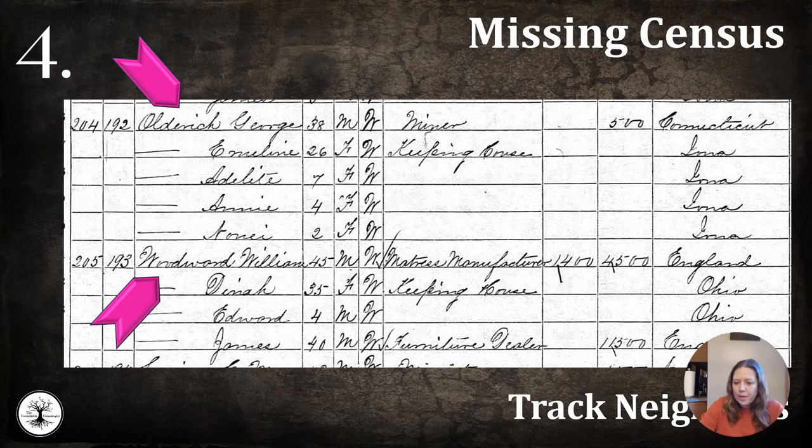Always search on the more unique names. I would search for Dinah Woodward then in the 1870 census. And then I would look at the image and see if perhaps George Olderich was next door and his name was just completely way off. And that would be one way where you can find your people. Look at those around them and see if you can find those people on the record.